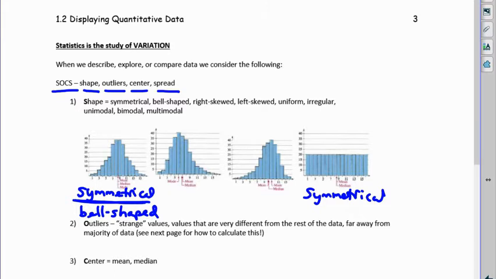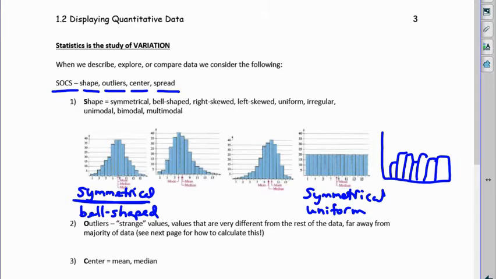The last one, it's symmetrical, but it's also called uniform because you can see that each group is somewhat similar to each other. Even if it was something like this, I would still call that uniform because generally the groups are fairly similar to each other.